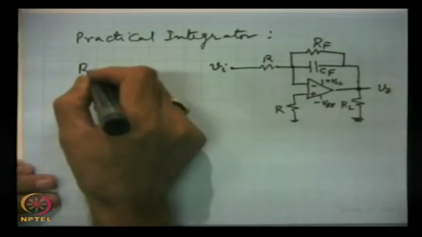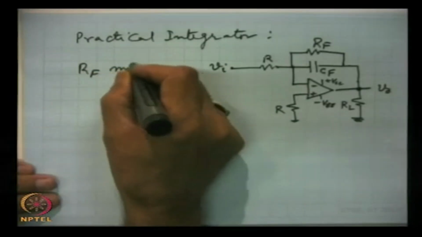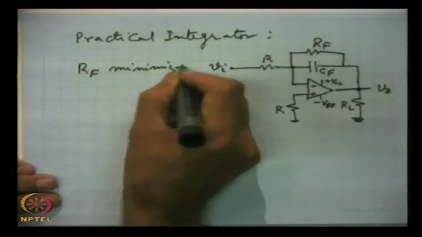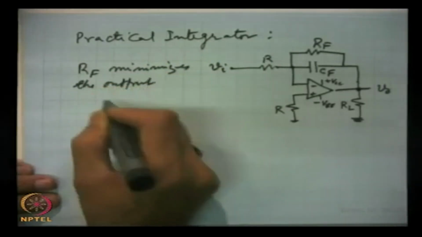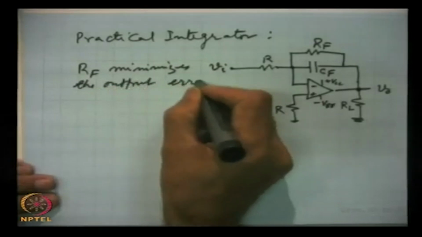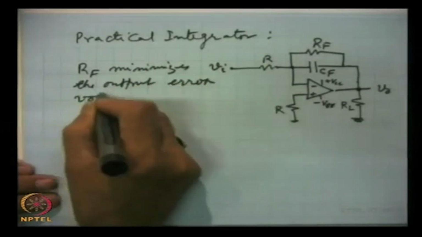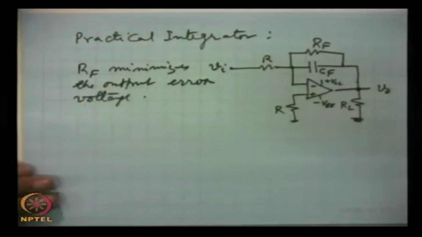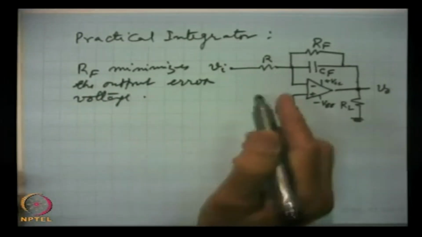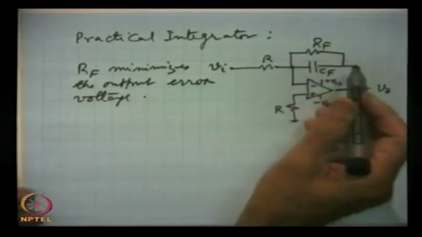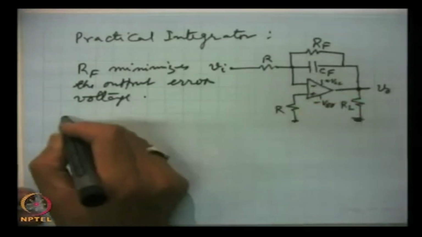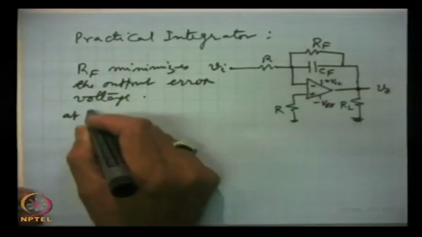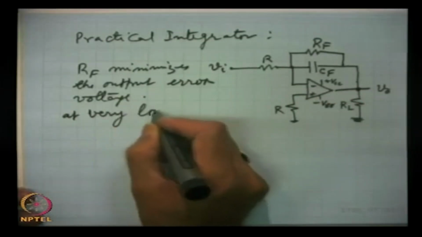Now this RF will take care of the problems which we have discussed: it minimizes the output error voltage. And it will also take care at very low frequencies, that means omega going to 0, the gain will not be infinity.